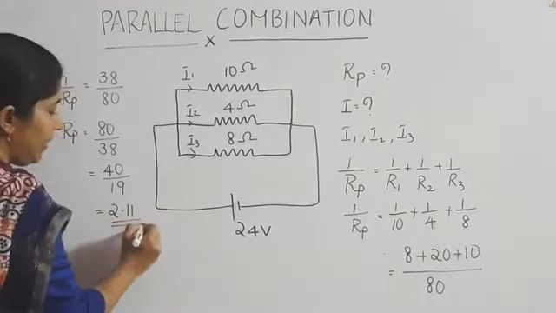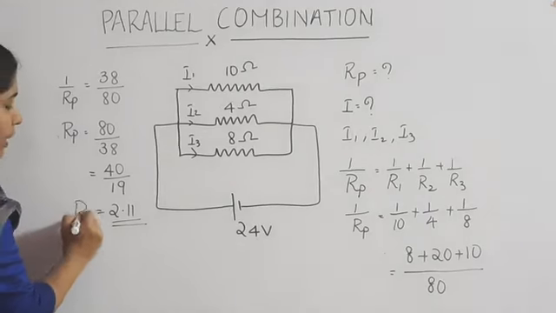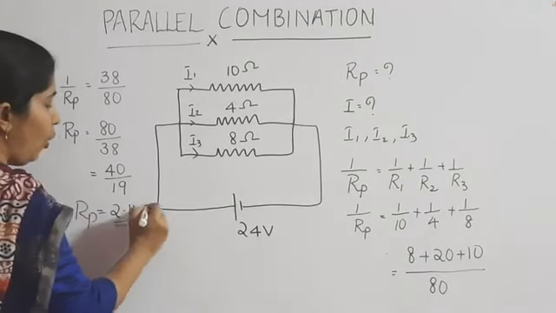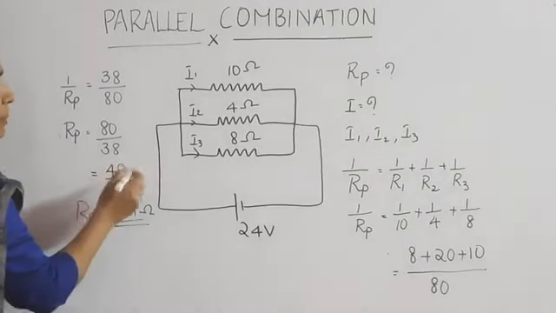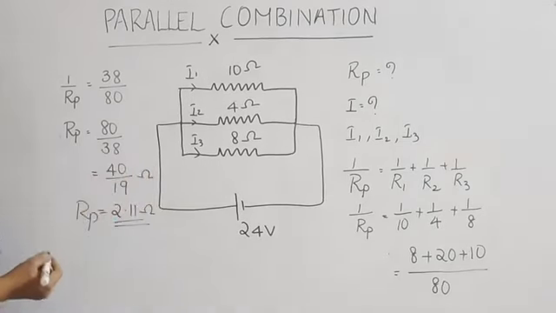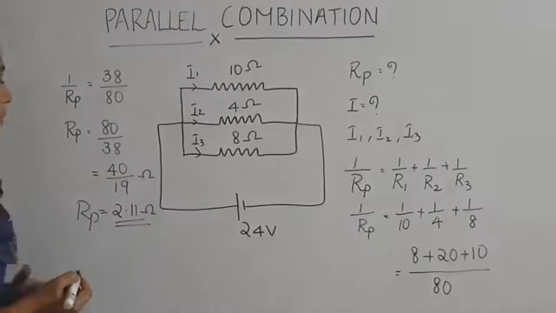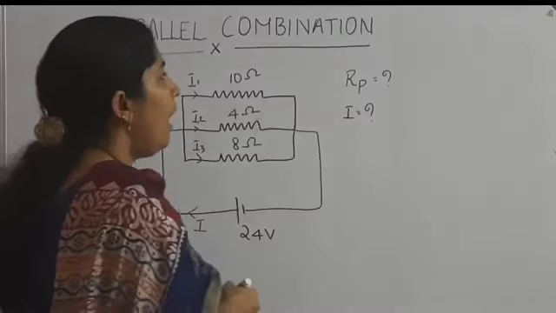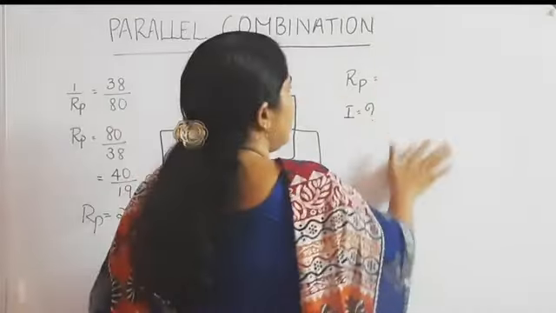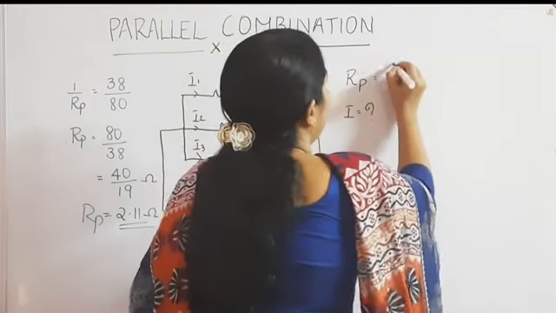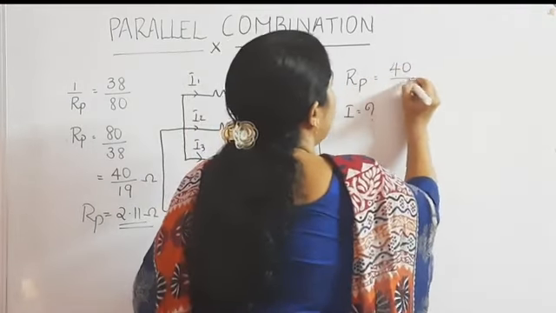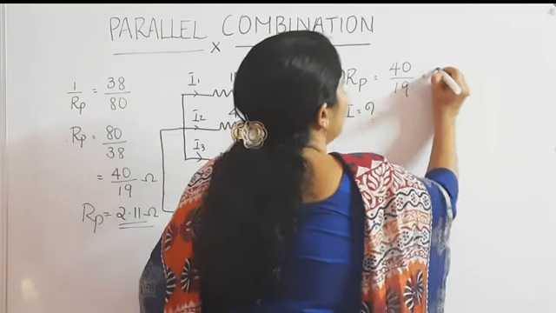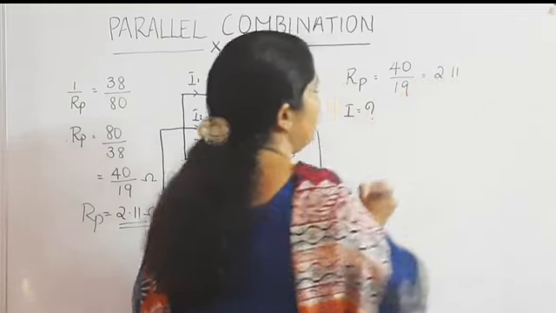RP is equal to 2.11 ohm or 40 by 19 ohm. That's the effective resistance of this circuit.